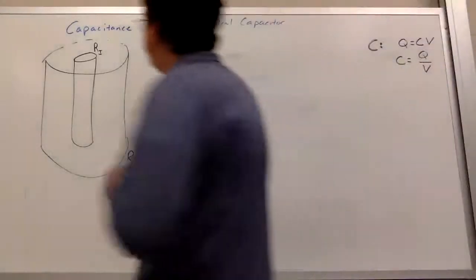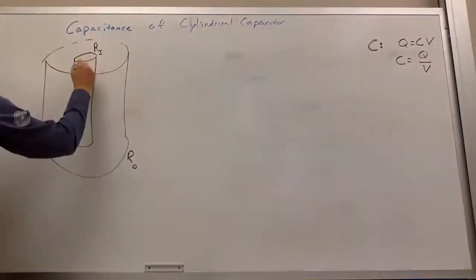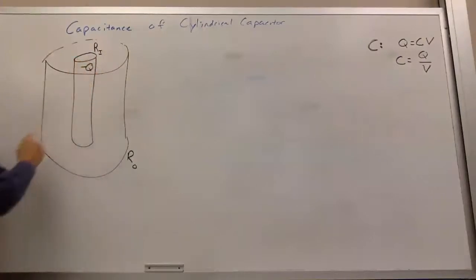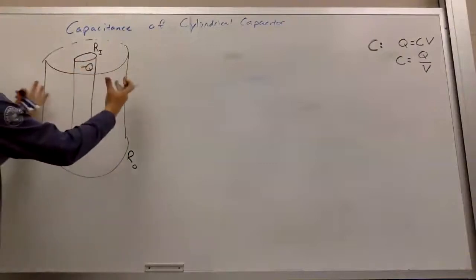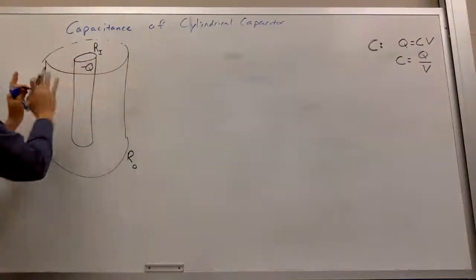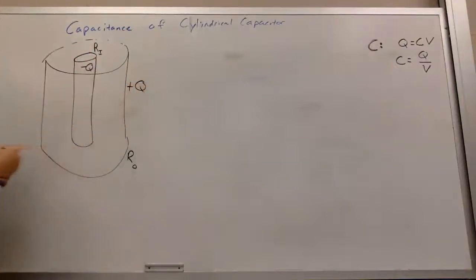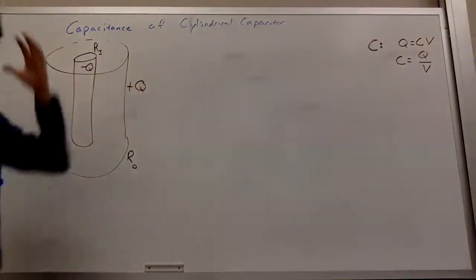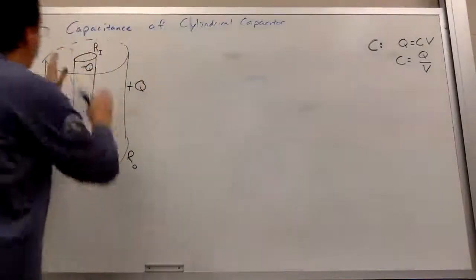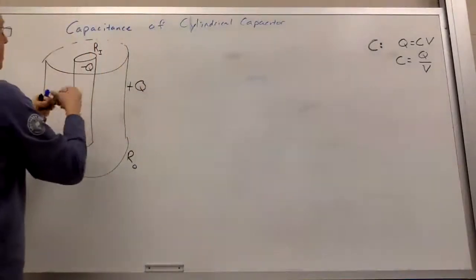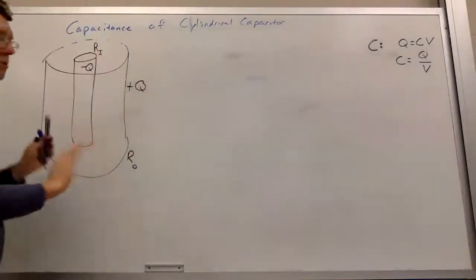I'm just going to say it has a charge of minus Q, and I'm just going to say that the outer edge has charge plus Q. All right, and we're going to assume that in the gap in between, in this region right here, there's no charge.